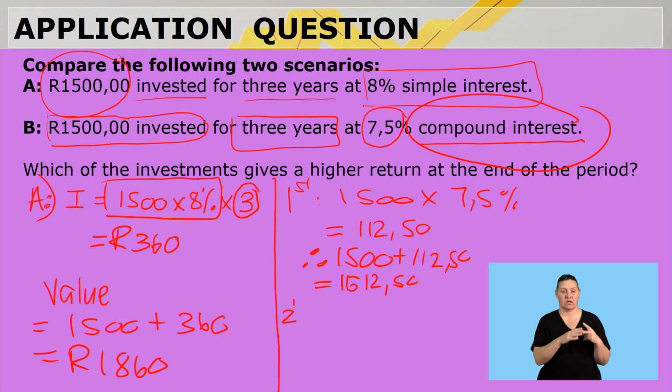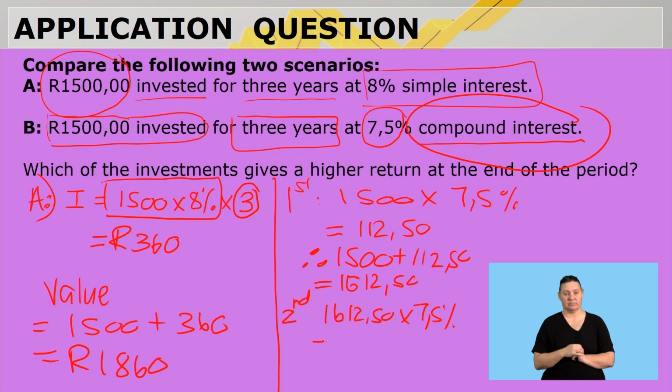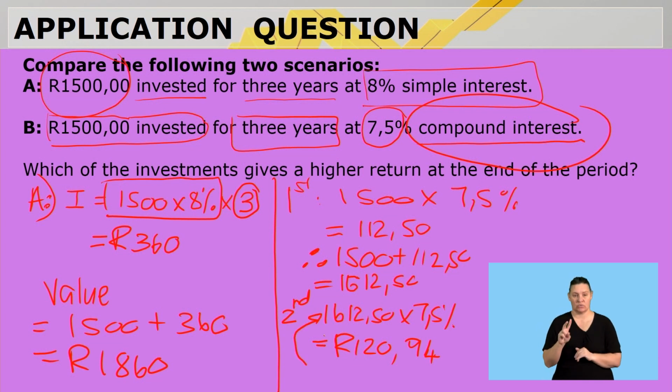So our second year is going to be 1,612 Rand 50 times our interest rate, 7.5%, and that is then 120.94. Again, that will be added onto our value of 1,612 Rand 50.